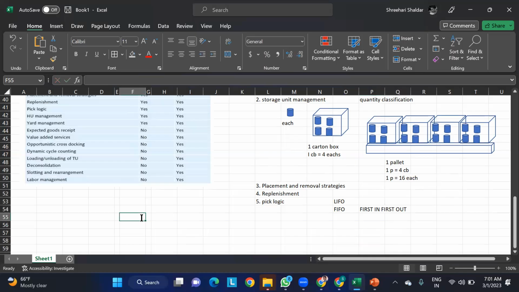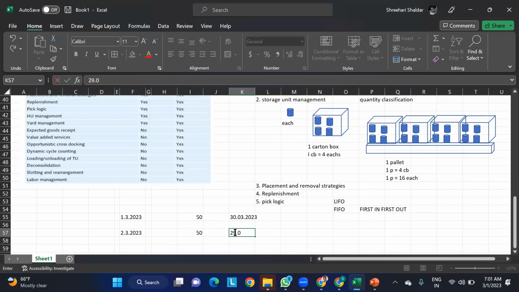Let us consider this is March 1, 2023. You have received 50 quantities with the expiry date of 30th March 2023. Tomorrow you are receiving some other goods, around 50 products, but the expiry is 29th March. This may happen.